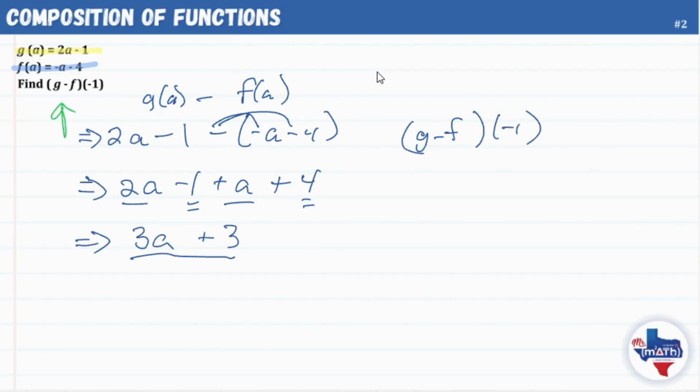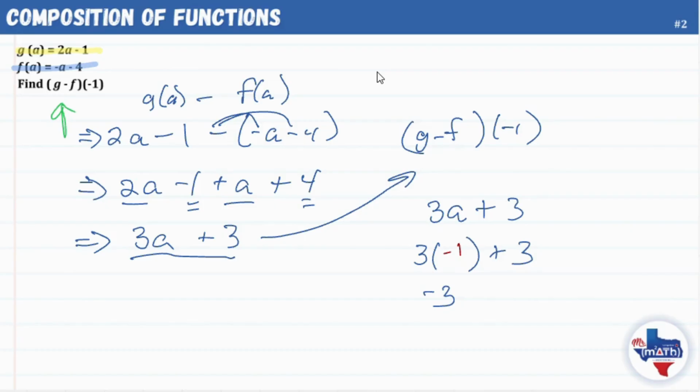And we've already found g minus f as 3a plus 3. So now we simply want to substitute in the value negative 1 for a. 3 times negative 1 gives us negative 3, plus 3 gives us the value of 0.